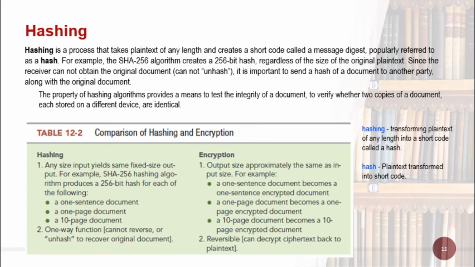Different from hashing. Whatever the length of the document, whether one sentence, one page or 10 pages, hashing only transforms the plain text into a shortcut that is called a hash. And this is only a one-way function.